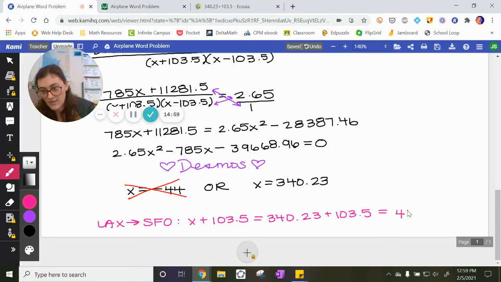So 443.73 miles per hour, which is a very reasonable speed for an airplane to be going.